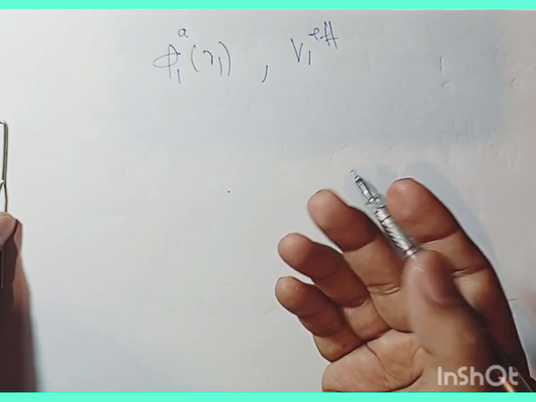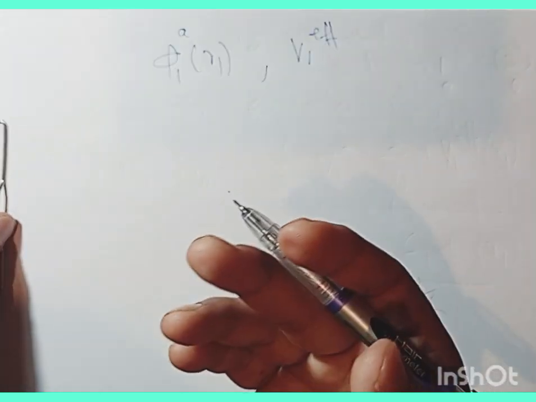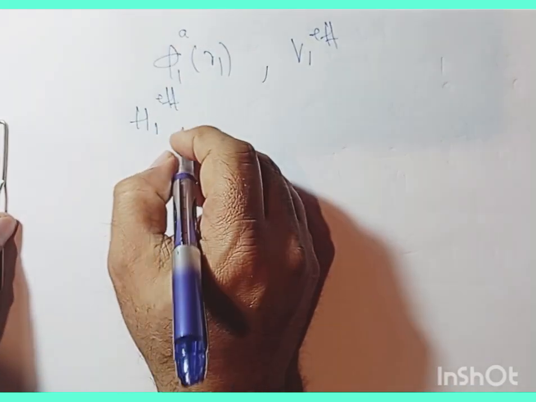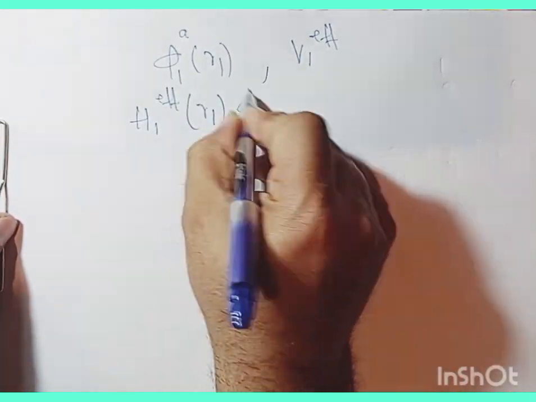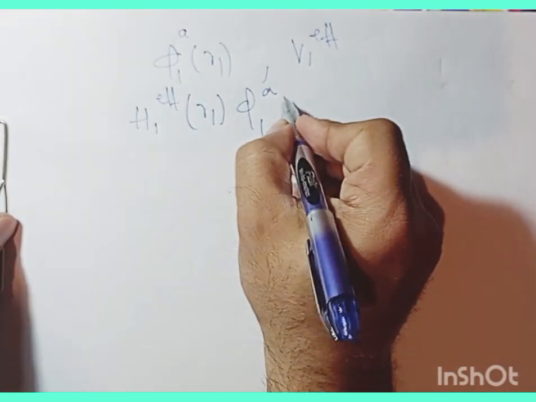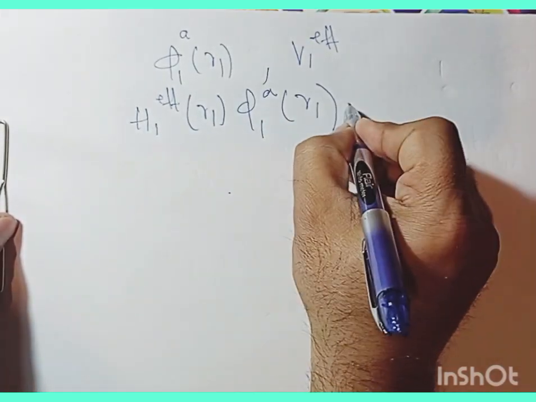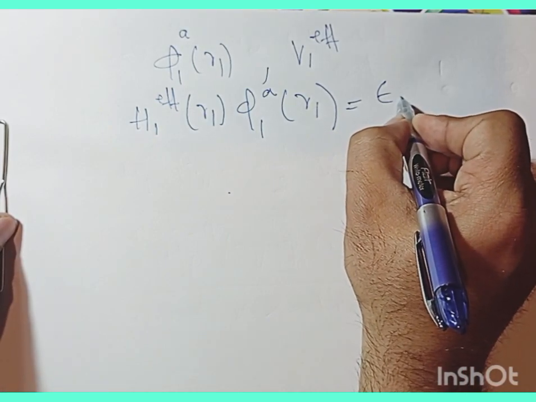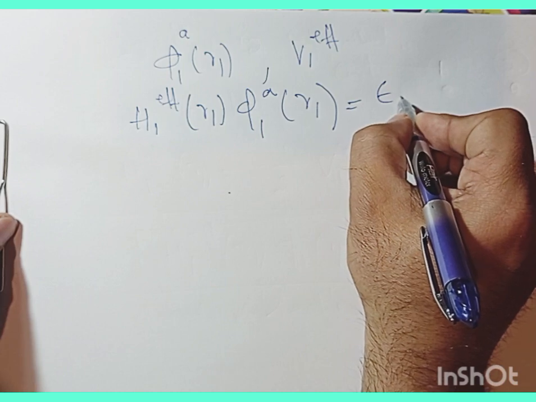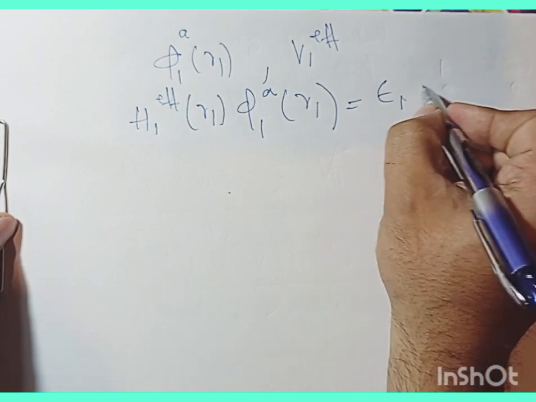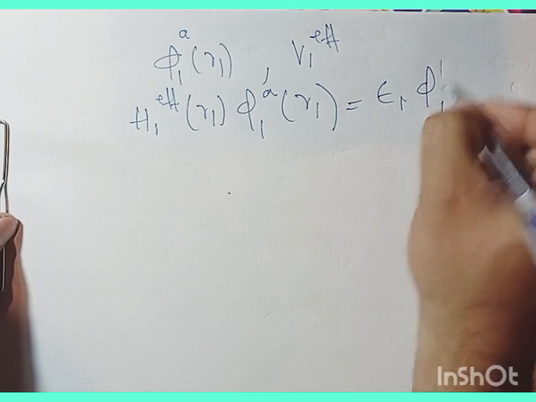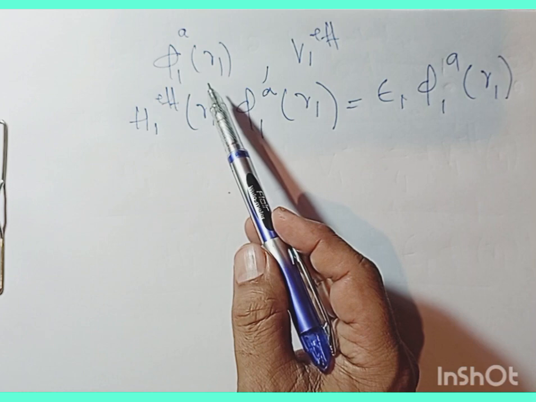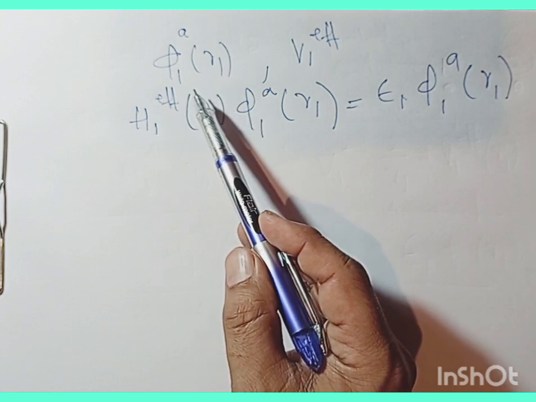When we solve it, we come up with the next orbital. And what we get, say for example, is H1 effective R1 phi 1a R1 equals epsilon 1 phi 1a R1.